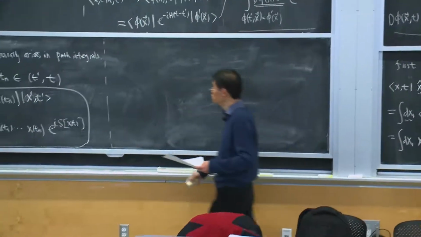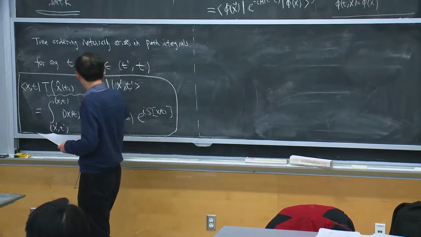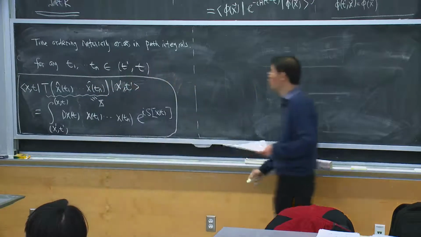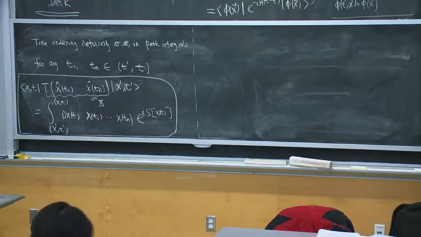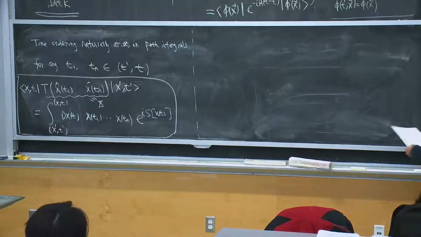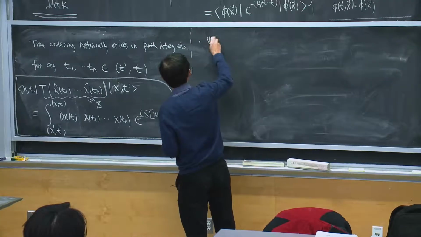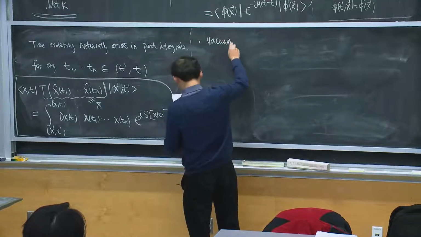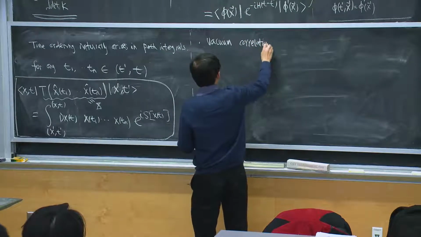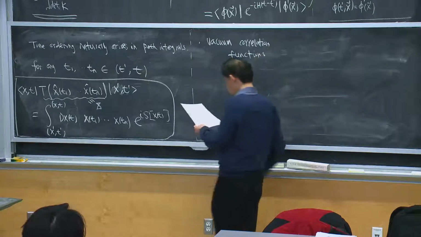So now let me just introduce a simplified notation. Let me call this whole thing capital X. So now we want to consider the vacuum correlation function. The idea is very simple.